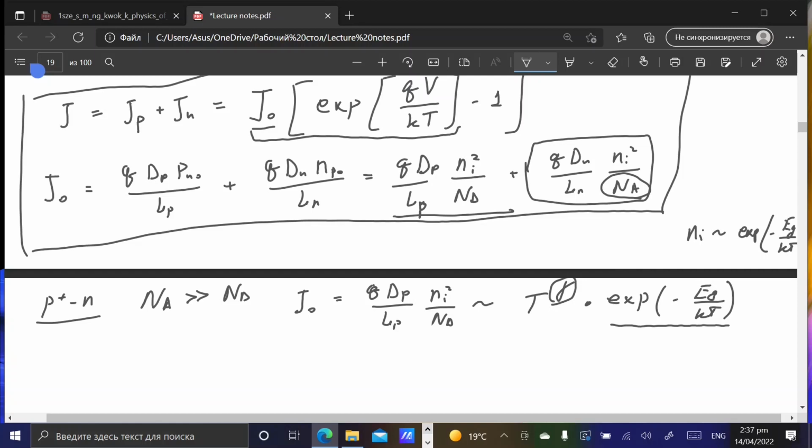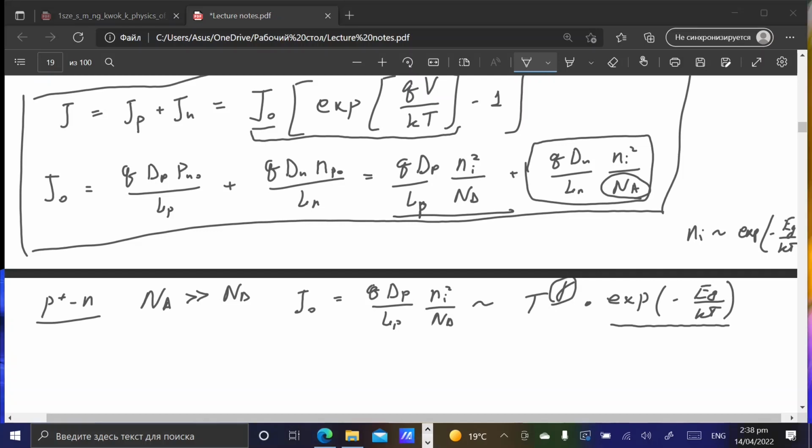That's why if we want to have the maximum possible rectification, meaning the ratio between reverse current and forward current at the same magnitude bias, let's say minus 1 volt and plus 1 volt, we want to keep it at a lower temperature, because with lower temperature we will exponentially reduce this reverse current, which is J naught.